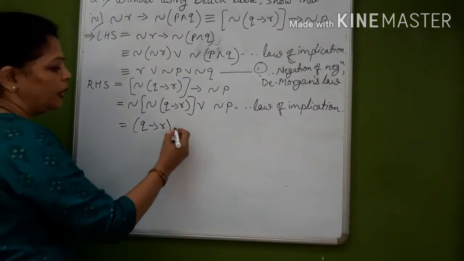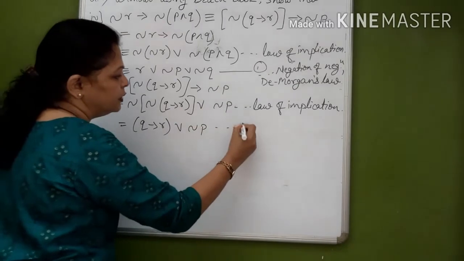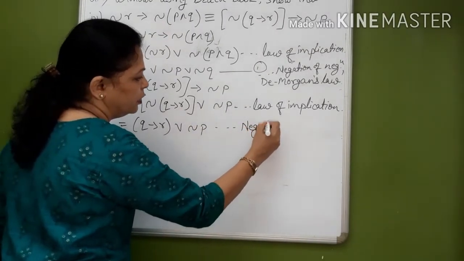So you get Q implies R or negation P. This is negation of negation.